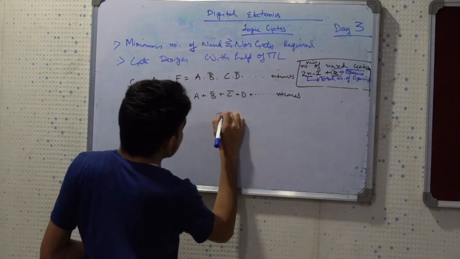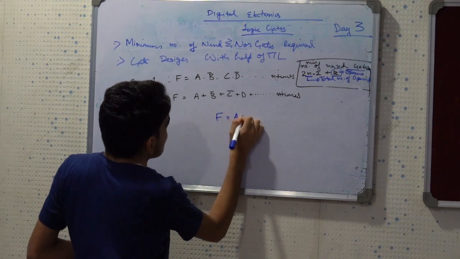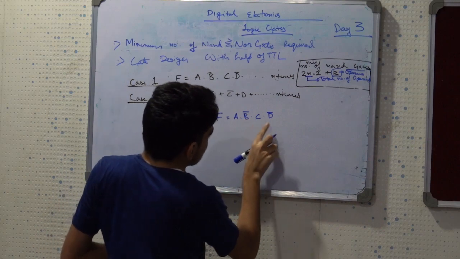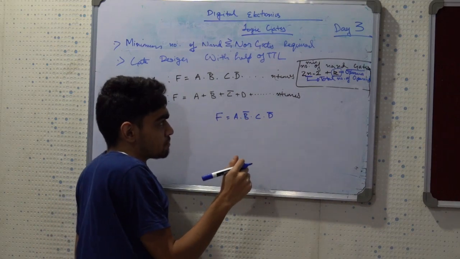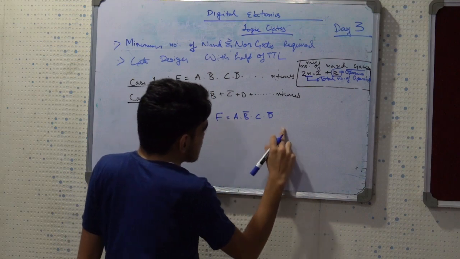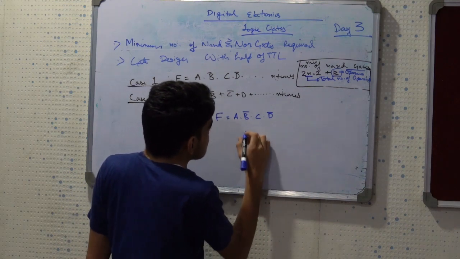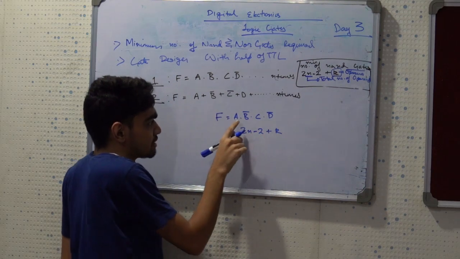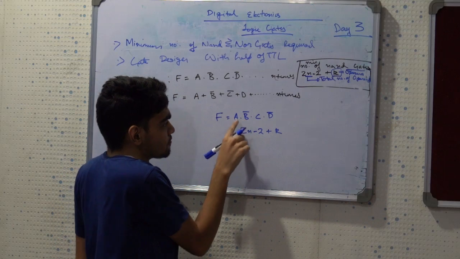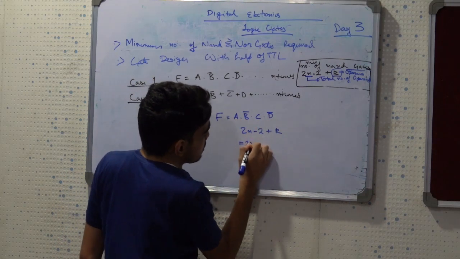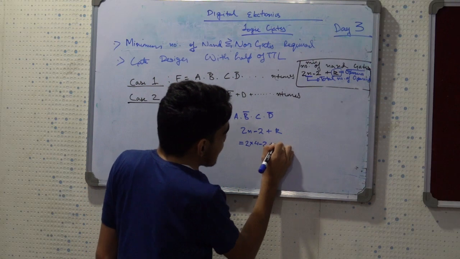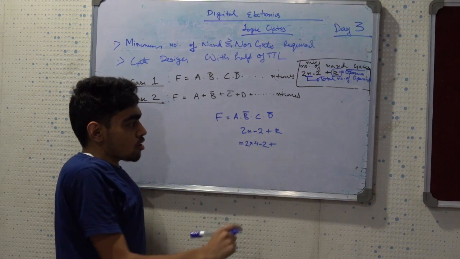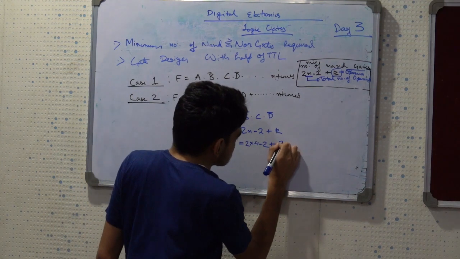If I have a particular expression f equal to a dot b dot c dot d bar, a dot b bar dot c dot d bar, the minimum number of NAND gates required is 2n minus 2 plus k. The total number of variables is 1, 2, 3, 4, so 2 into 4 minus 2 plus k. The number of variables in complement is 1 and 2, complement meaning bar, so plus 2.